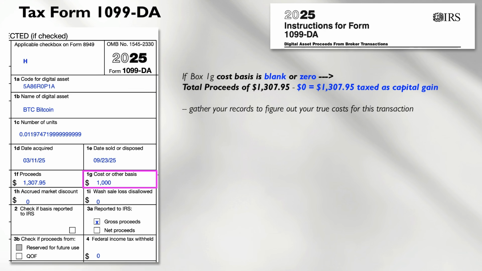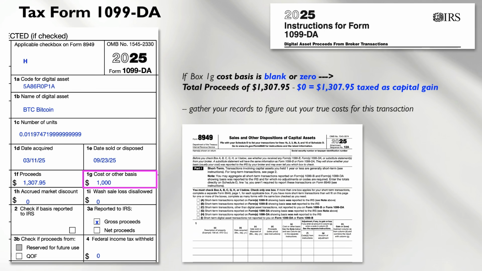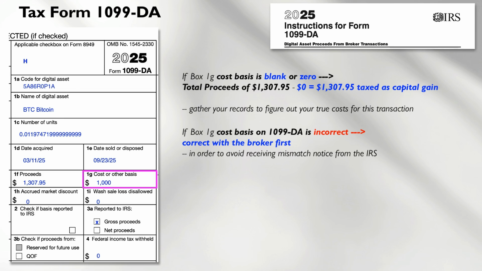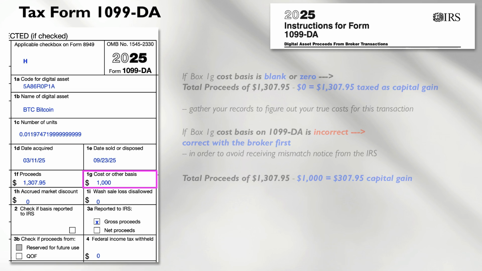You should correct it with your broker if possible or properly report it on Form 8949. If a cost basis is listed but incorrect, contact your broker first to avoid IRS mismatch notices later. In this example, Lucas' cost basis is listed as $1,000.